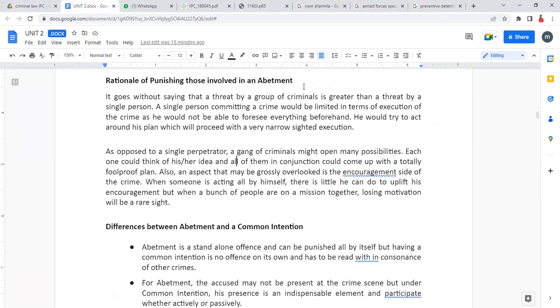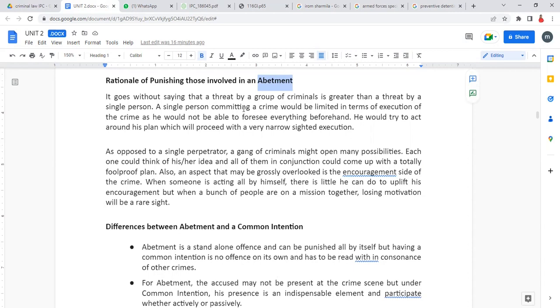Now, why are we even punishing a person who has not committed the crime directly, but who is just abetting the commission of the crime? When we talk about abetment, there would be more than one person involved. One person would abet, another person would commit the crime.